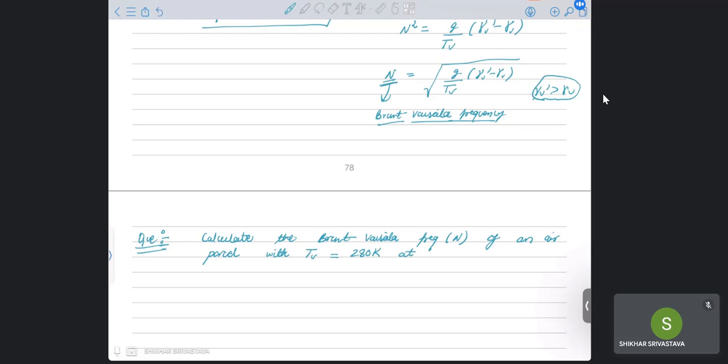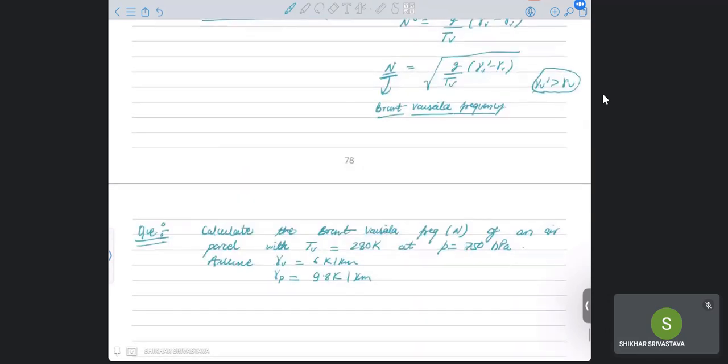It is lying at the 750 hectopascal pressure level. Assume that the environment lapse rate gamma v is 6 Kelvin per kilometer, and the parcel lapse rate gamma P is 9.8 Kelvin per kilometer.